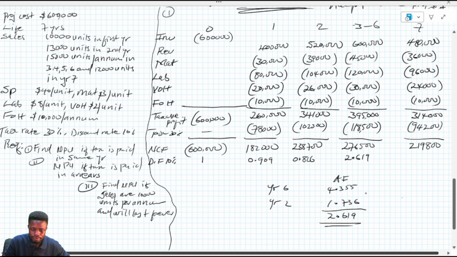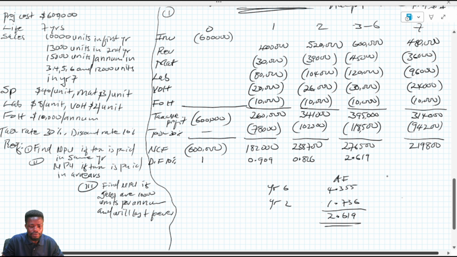So now we go again to the 7th year. Now for the 7th year, you go to your discounting table, the present value table, and take year 7.